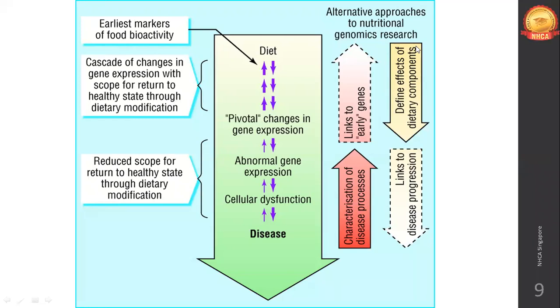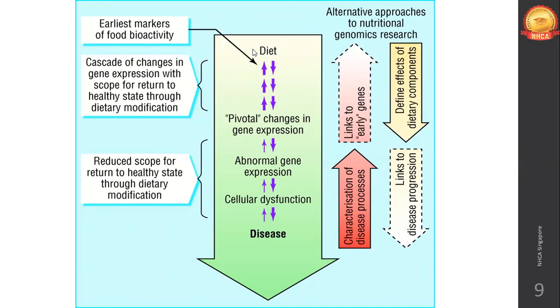Next, coming to how a chronic disorder is related to your genetics. This pathophysiology goes up and down. So your diet, a healthy diet or a bad diet, you can choose which form you want here.